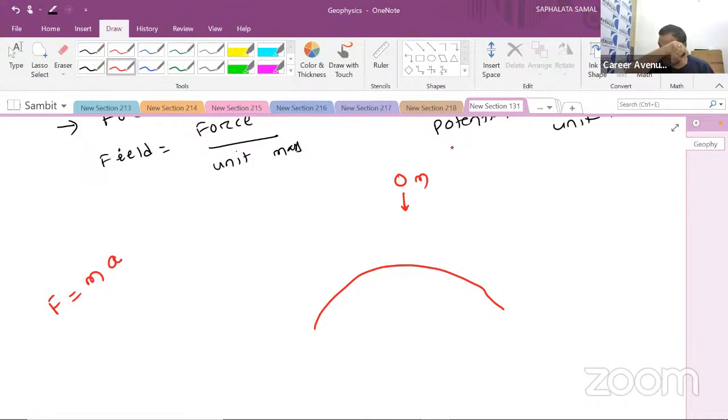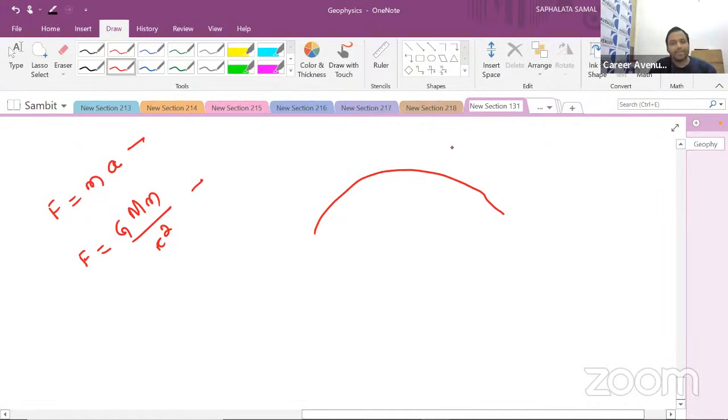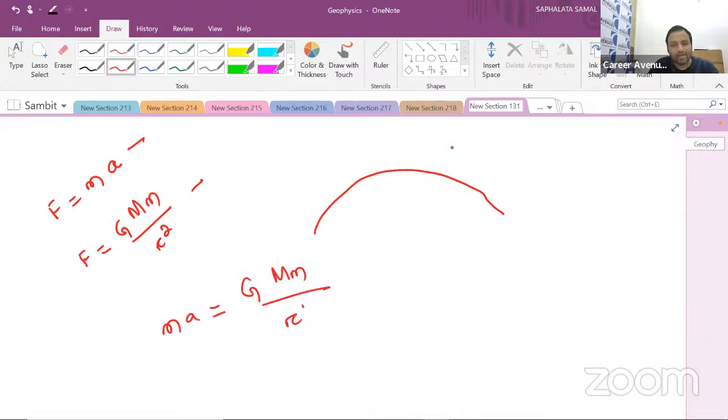So when the ball is coming down, it will be coming down with a force equal to its mass into the acceleration. But we already know this force is equal to GMm by r square, the gravitational force. That means this force and this force must be equal. So I can write ma is equal to GMm by r square, where m and m are cancelled out.